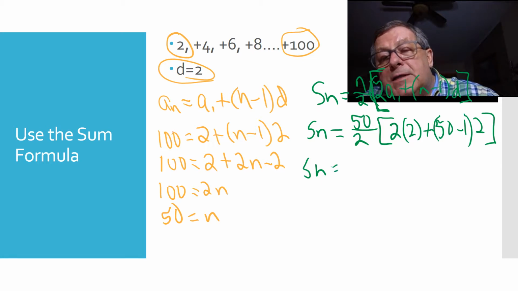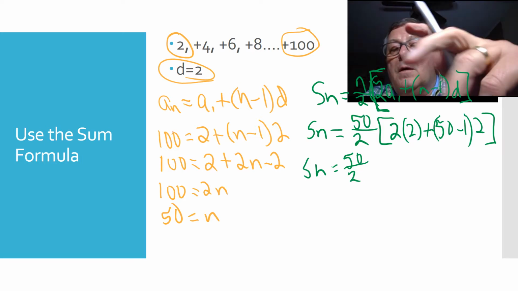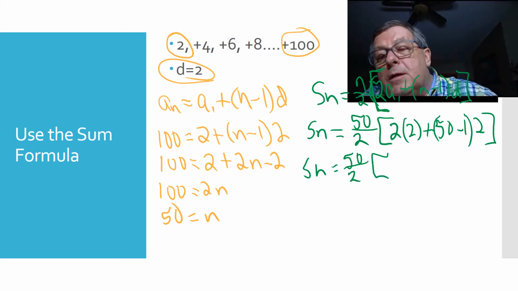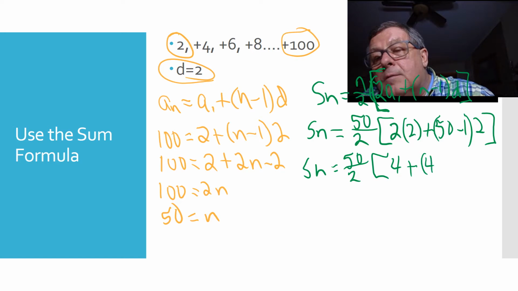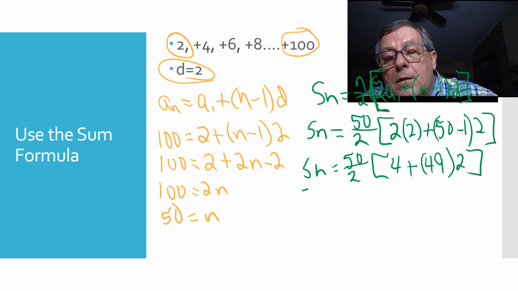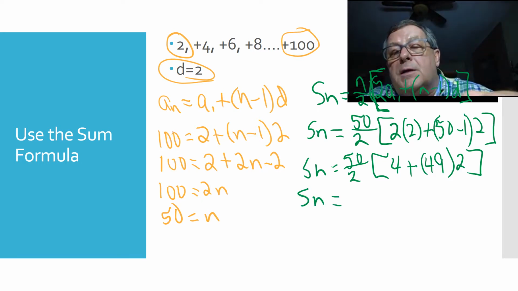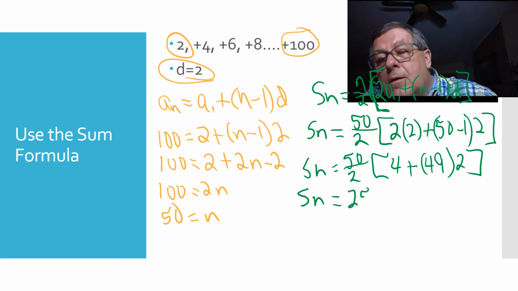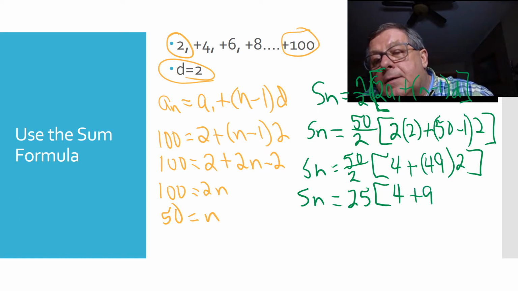So we got Sn equals 50 over 2, which is actually 25, times 2 times 2 is 4, plus 49 times 2, 50 minus 1 is 49, times 2. Close the bracket. Sn equals, I'm going to go ahead and divide 50 by 2, so I got 25, times 4 plus 2 times 49, which is 98.